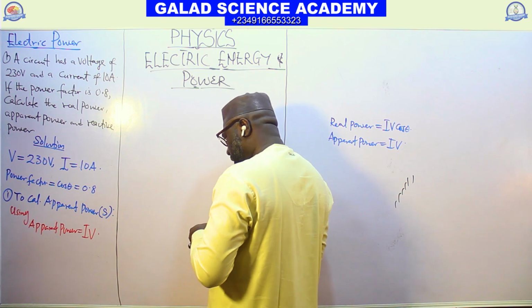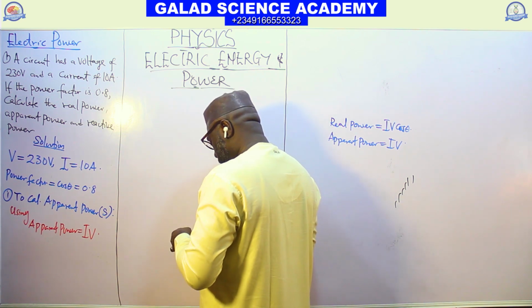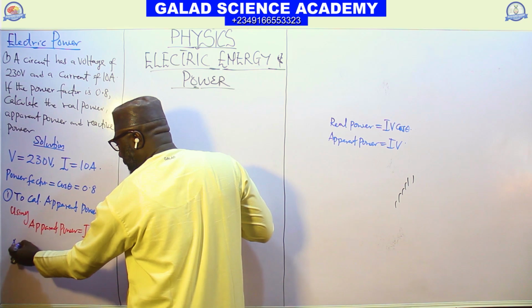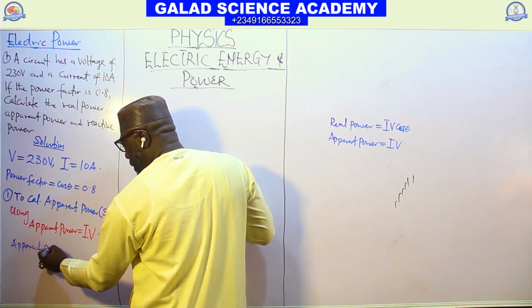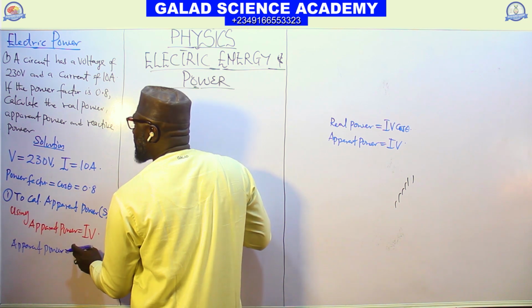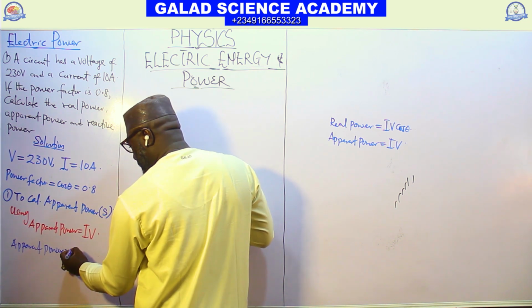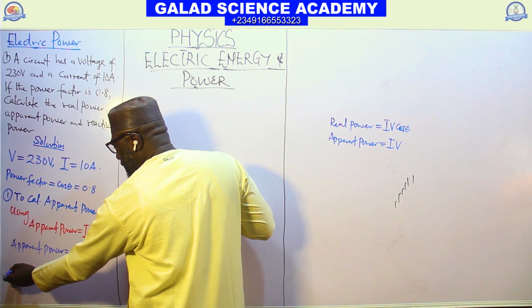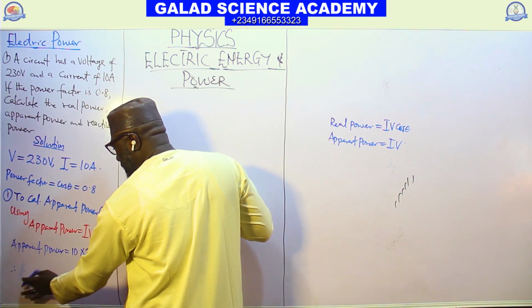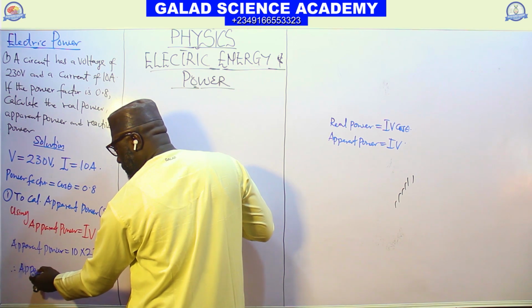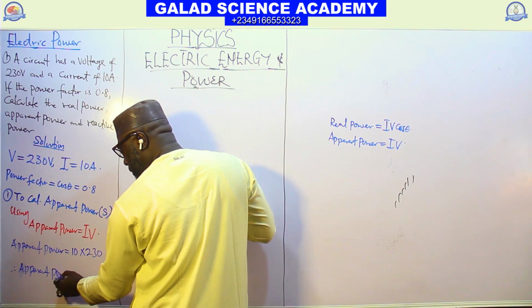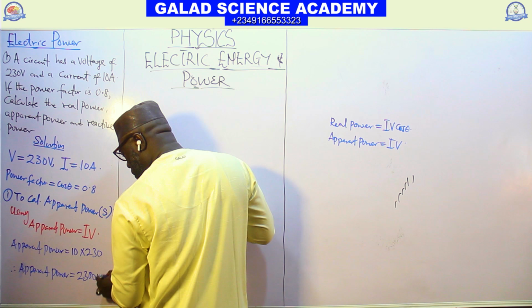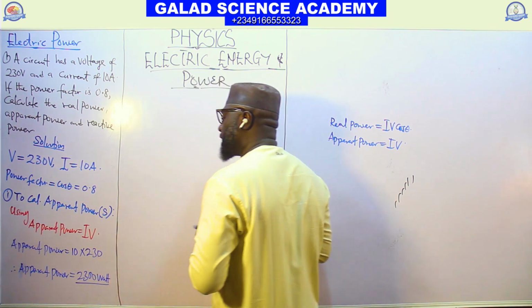What is I given? I is 10. What is the potential difference? 230. Therefore, apparent power will be equal to 2300 watts. That is apparent power.